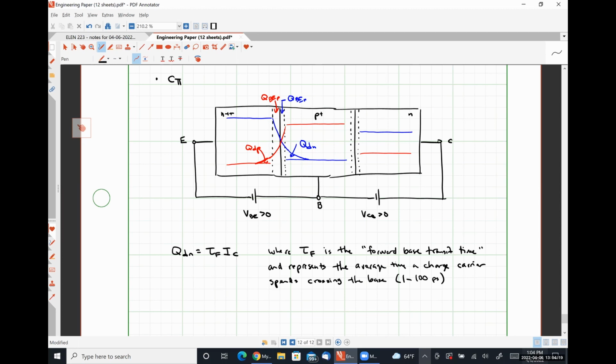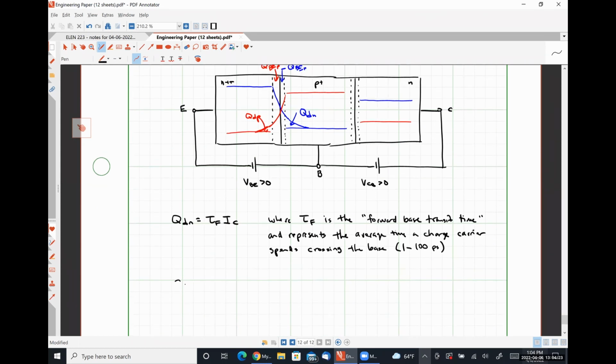So from this, we can define a small signal diffusion capacitance, CDE, as the derivative of QDN with respect to our base emitter voltage, which is then simply tau F times the derivative of IC with respect to VBE, or tau F times the transconductance of our BJT, or finally tau F times IC over our thermal voltage.